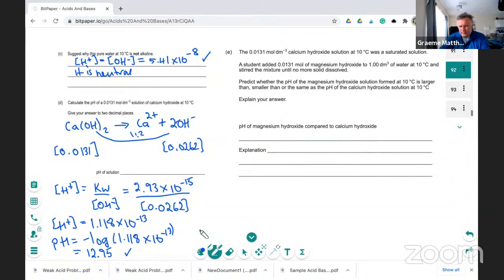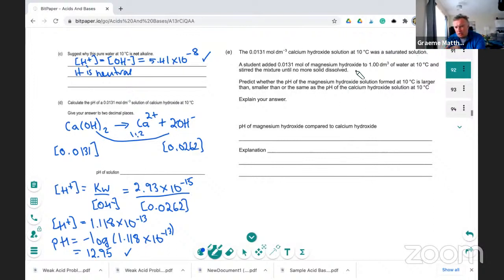Now I'm going to read this. It said the 0.0131 mole per decimeter cubed calcium hydroxide solution in part D was a saturated solution. Now let's say the student added 0.0131 moles of magnesium hydroxide into a decimeter cubed of water at 10 degrees C, and stirred this mixture until no more solid dissolved.